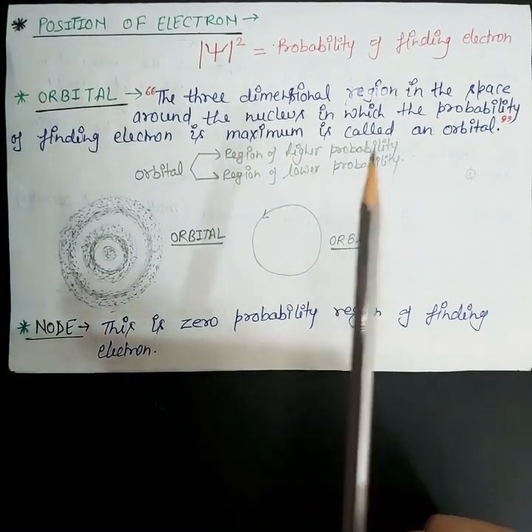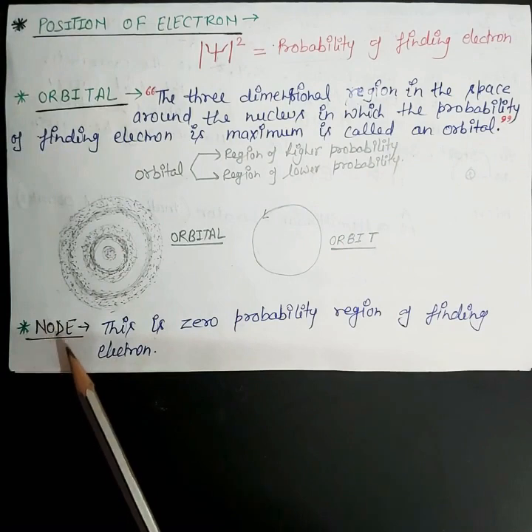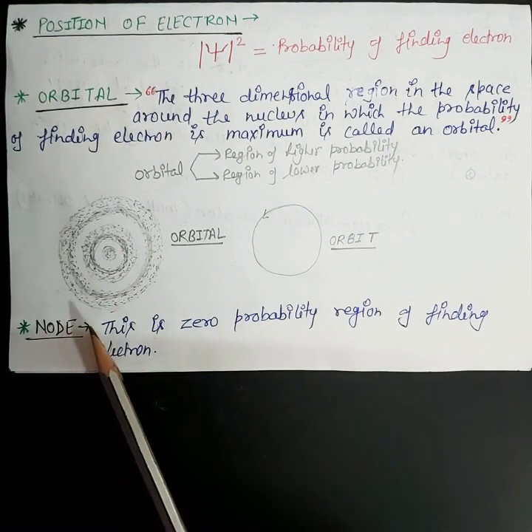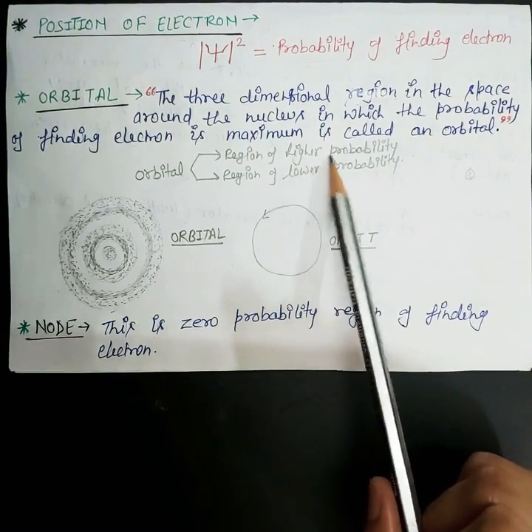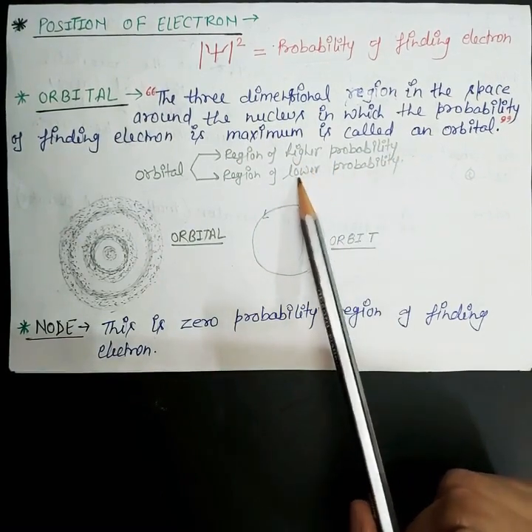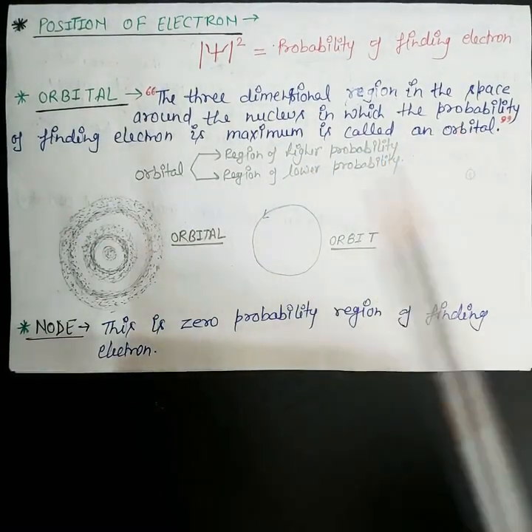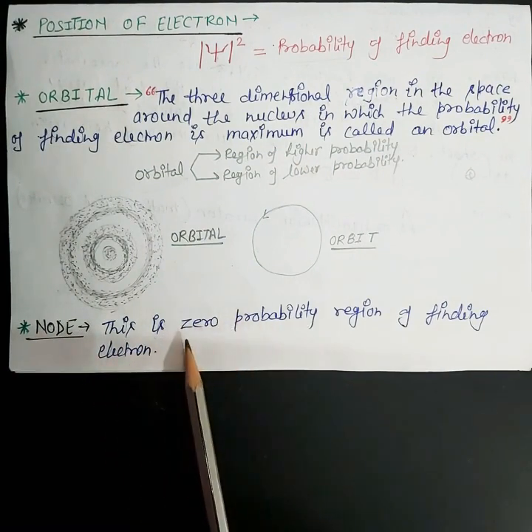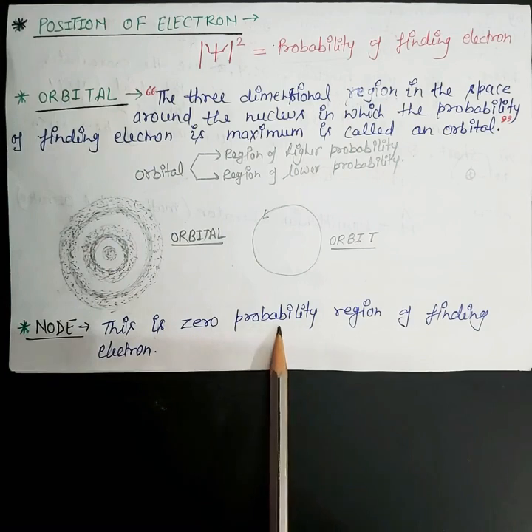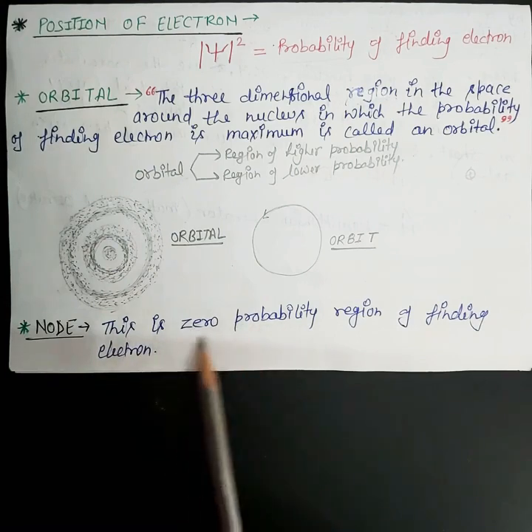One more thing about node. What is a node? As I told you, in an orbital there can be a higher probability of finding electron and a lower probability, and a node, oppositely, is the area where the probability of finding electron is zero. No electron will be present there.